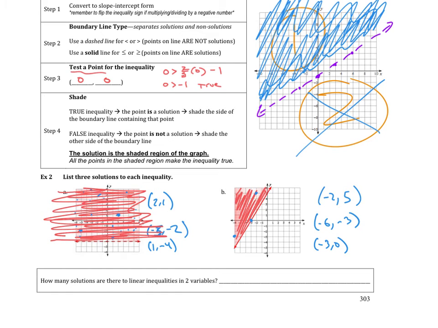So there are an infinite number of solutions. So instead of writing them out, that's why we do the shading, to represent those infinite solutions. All right, flip the page.